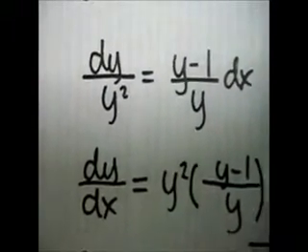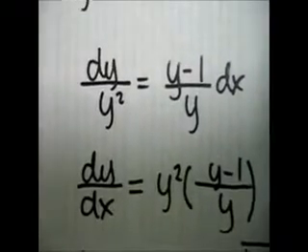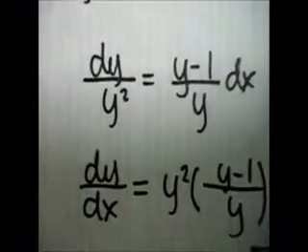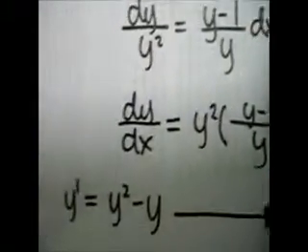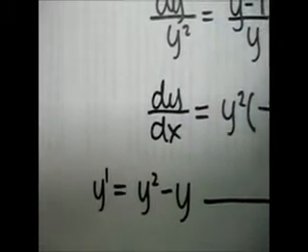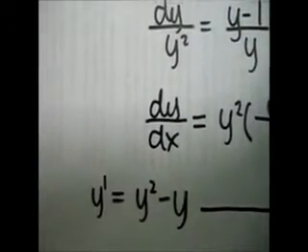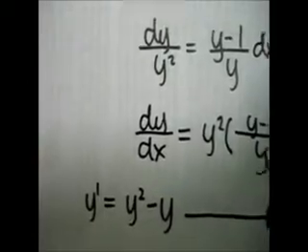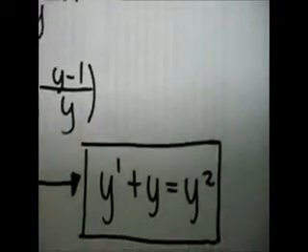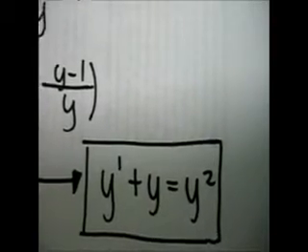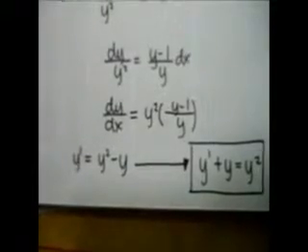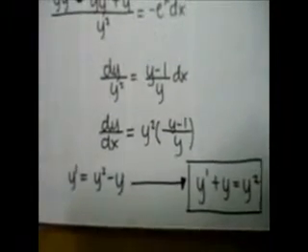As I have said earlier, y prime is just equal to dy over dx. So we have this as an answer: y prime is just equal to y squared minus y. And from the original given equation, we arrived at the same exact answer, which means that our solution is correct.